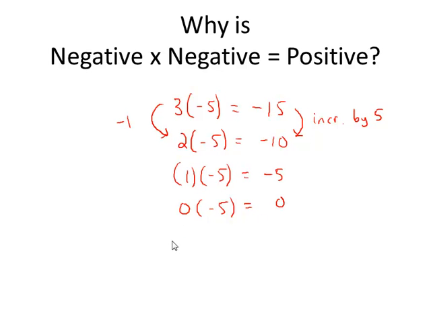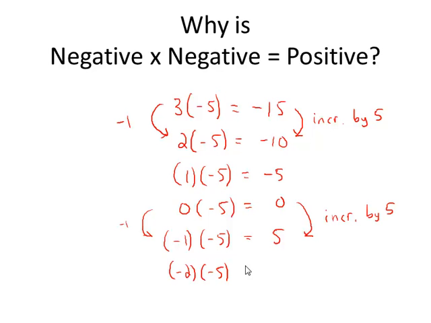So if I drop this first factor by 1 more, negative 1 times negative 5, I'm going to increase this product by 5. Well, 0 plus 5 is 5. So I have a negative 1 times a negative 5 equals positive 5. Continuing the pattern, negative 2 times negative 5 is positive 10, and so on.